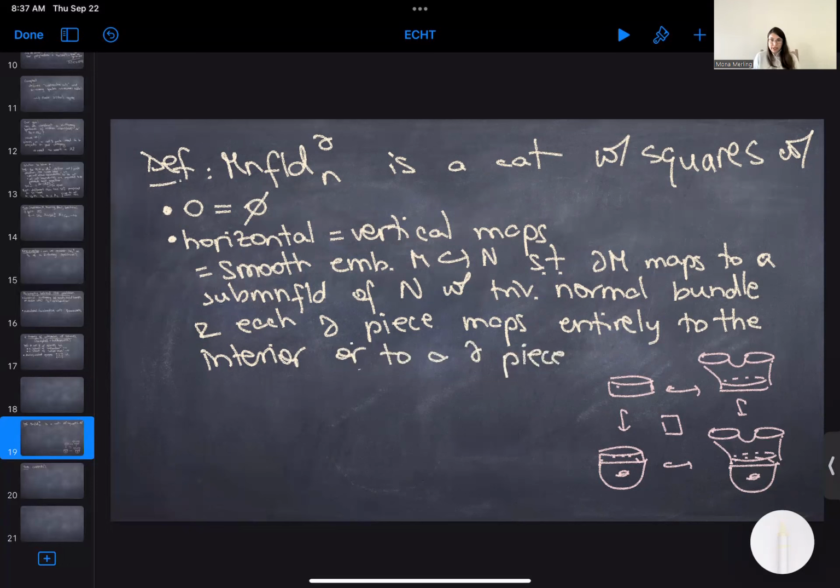Okay, so I drew the picture. One more thing. So far we said what we want the horizontal and vertical maps to be, and we want them to be inclusions of subpieces of manifolds.